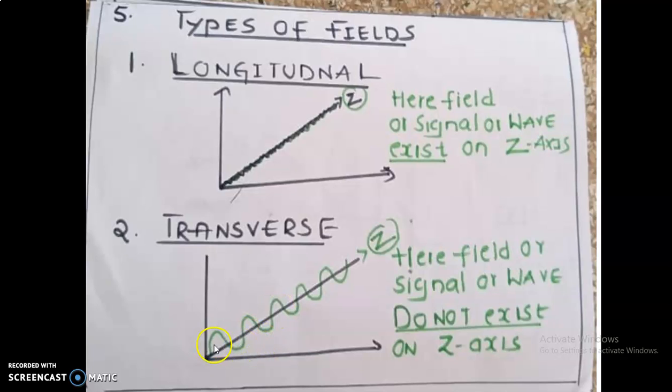So if someone asks who is there in the z axis, I will say no one is there, because everyone is oscillating. In the longitudinal case, it may be oscillating, but it is on the z-axis. So the signal will be present on the z-axis for longitudinal, and won't be present on the z-axis in transverse. That is the clear explanation.